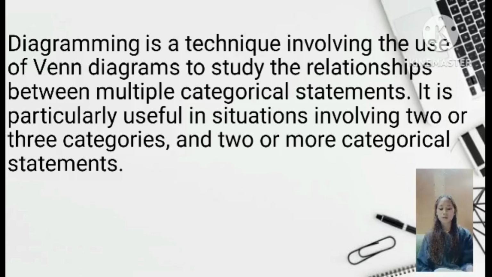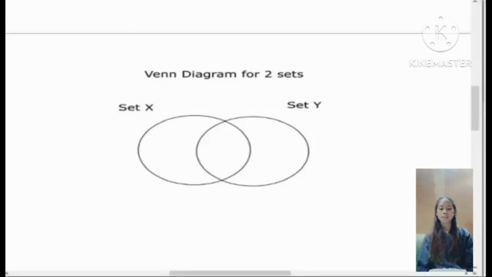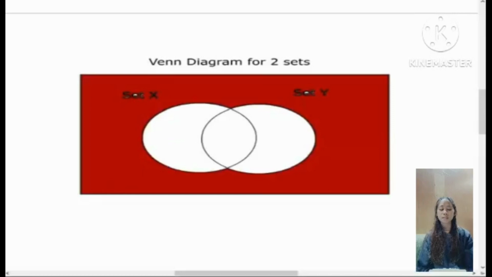A Venn diagram for one categorical statement consists of 2 interlocking circles placed in a box. Hopefully now you understand what the regions of a Venn diagram represent: the potentially empty intersections, differences, and complements among sets.